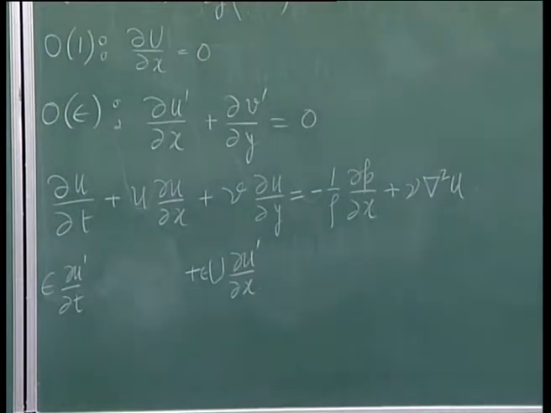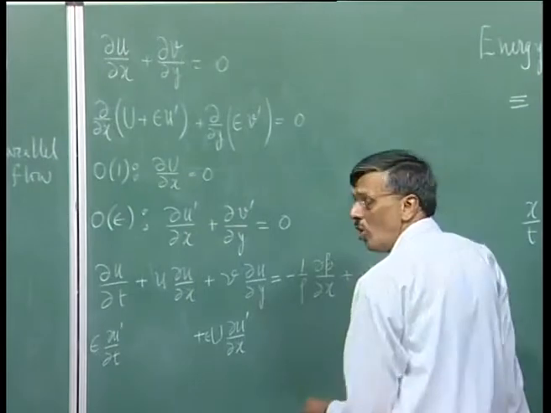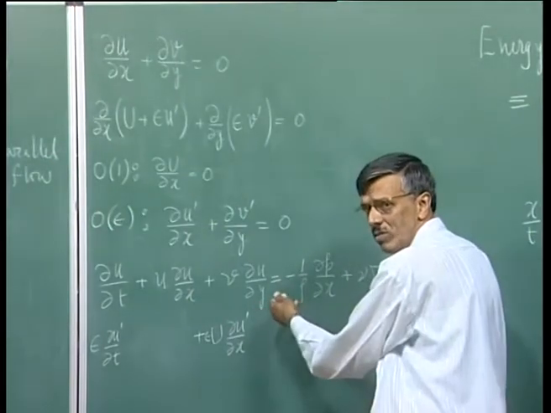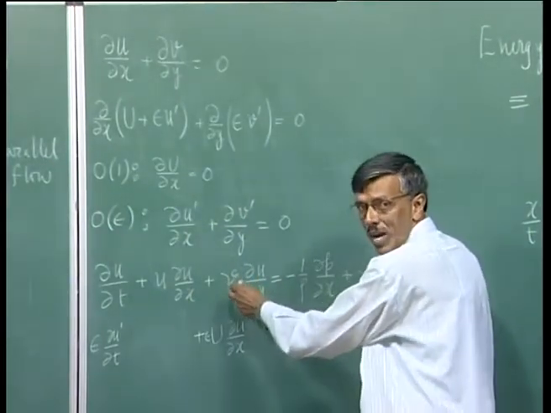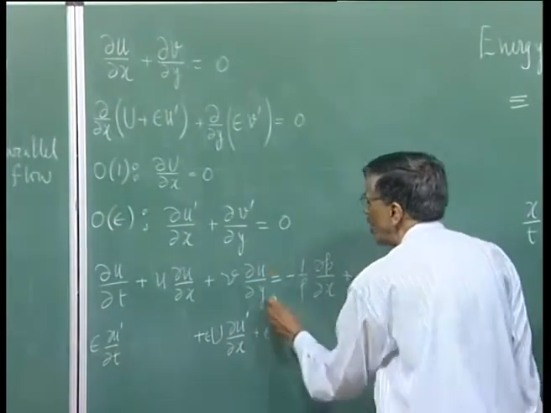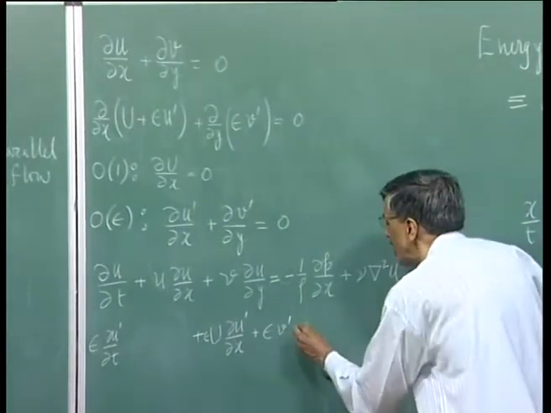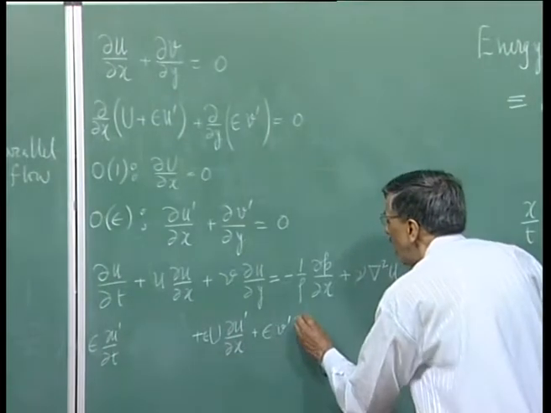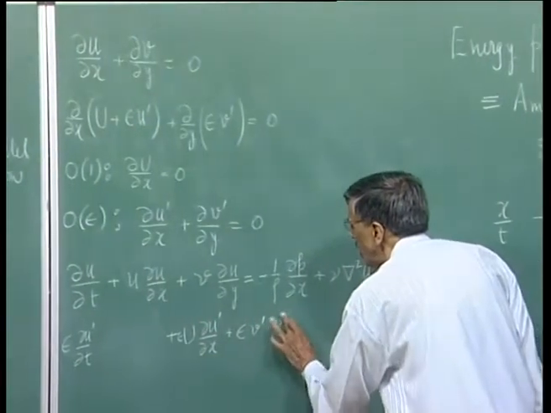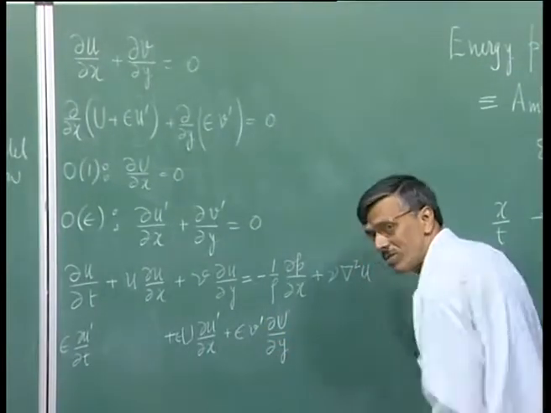What about this term? What do we get from here? Order 1 term does not exist, the order epsilon term will be epsilon v prime. What about this? We will get only the mean flow term coming, that is our order epsilon term. So, that is your del U del y, that exists, right.